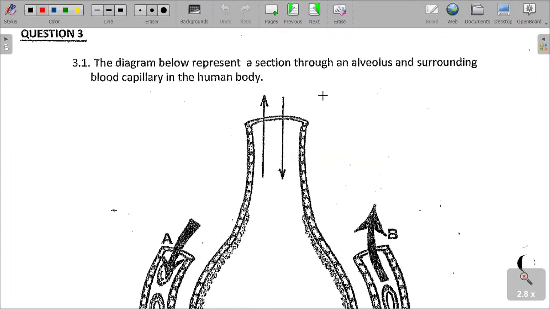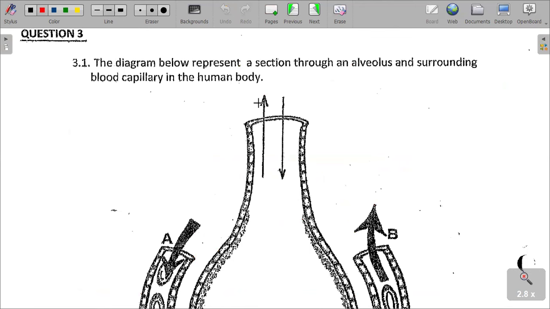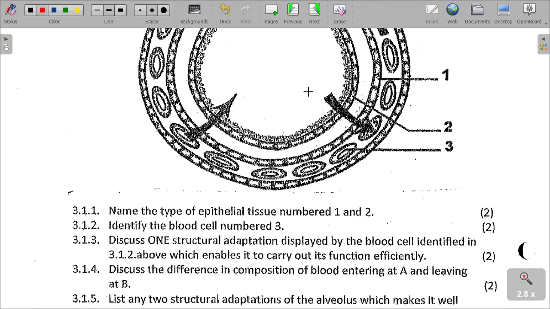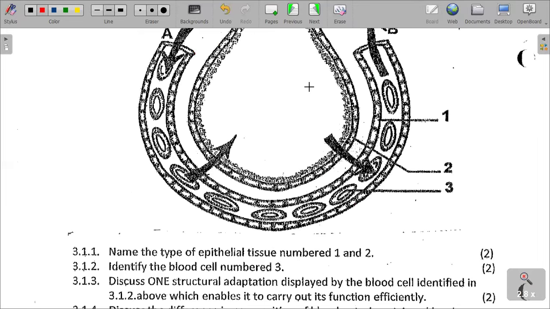The diagram below represents a section through an alveolus surrounding a blood capillary in the human body. I'm sure I once presented this one.